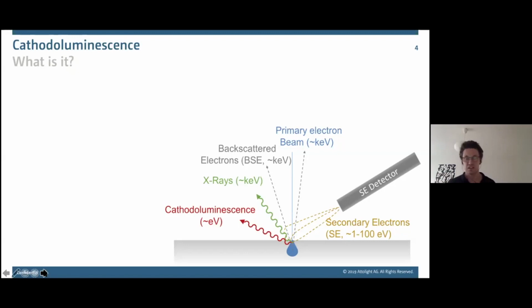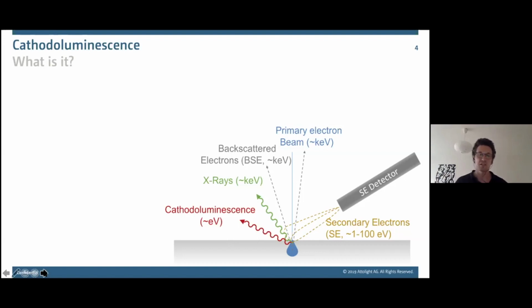Those would be secondary electrons, or it can excite deep levels in atoms and emit X-rays. And finally, it can excite a band gap or some type of plasmon, and the radiative decay of this band gap or plasmon will give you cathodoluminescence.